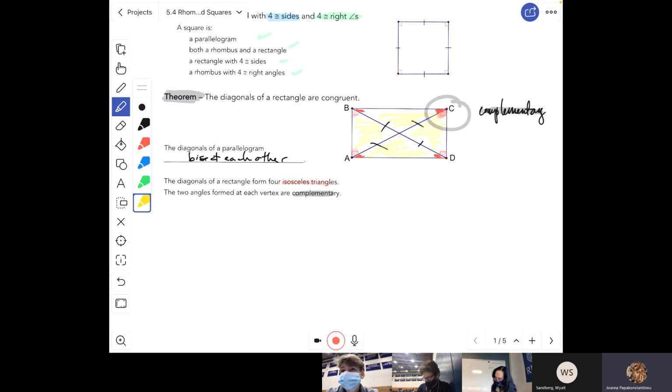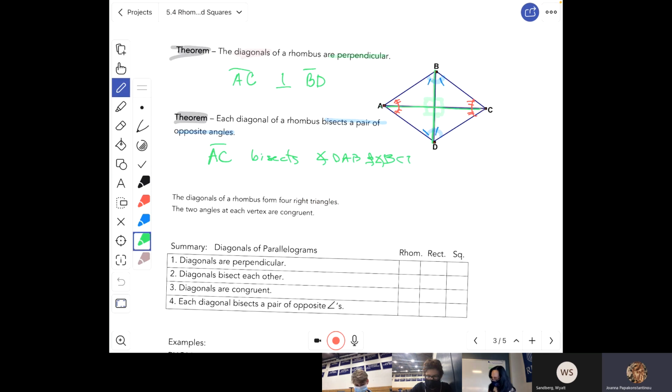AC bisects angle DAB and BCD, and BD bisects angle ADC and angle CBA.